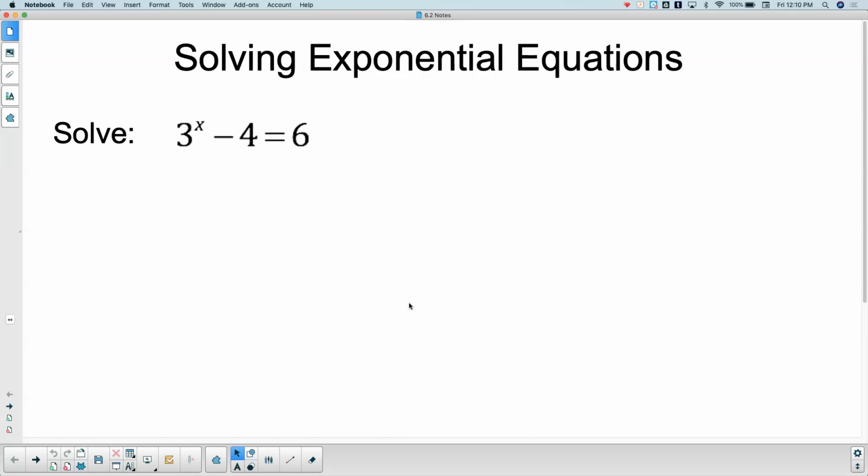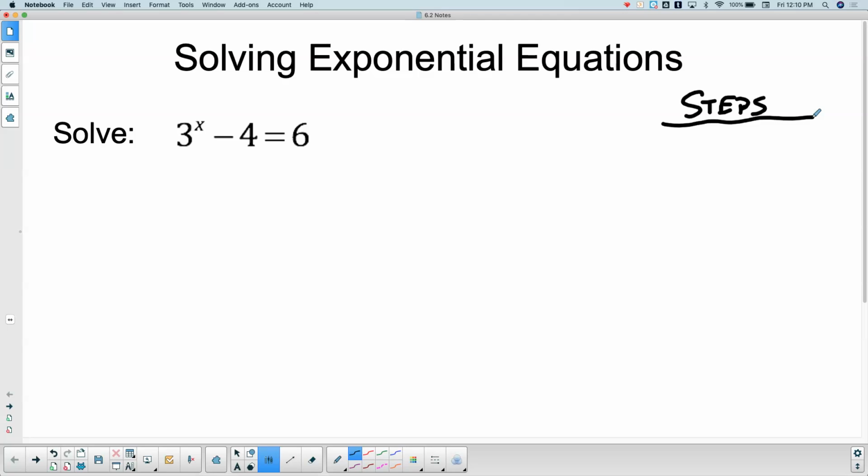Now, as you probably are aware, I'm kind of a big step guy. The steps to solving an exponential equation are actually the same steps that you're going to use to solve a logarithmic equation.